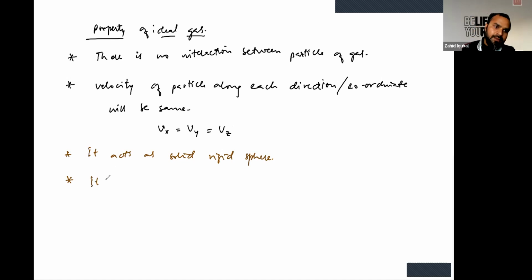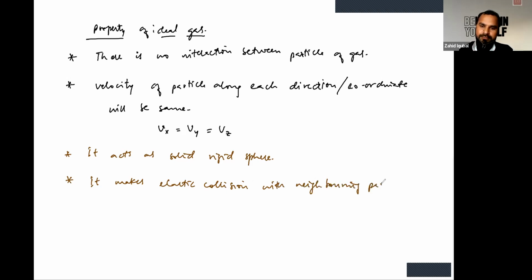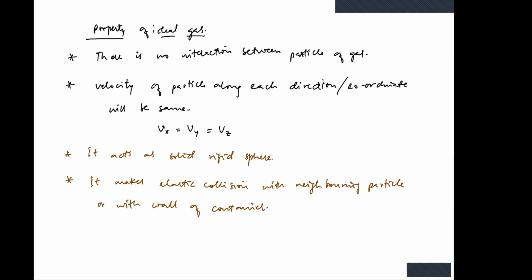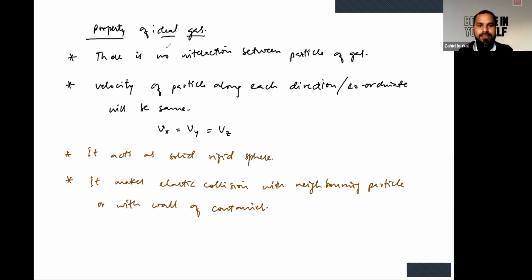So it makes elastic collision with neighboring particles or with the wall of the container. Is it clear? Yes, sir. So these are different properties related to ideal gas. Just write it down.